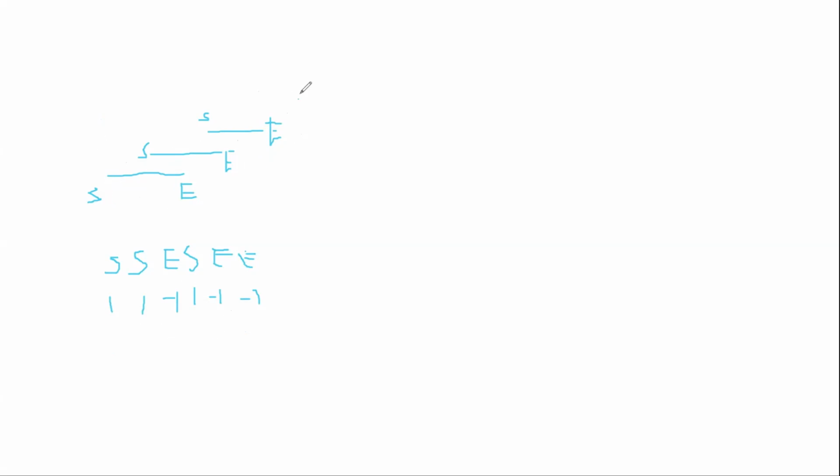So the moment the sum becomes 0, it's one interval. So if there's some other unintersecting interval, something like this, start and end, it will have its start after the end. Okay, so we start from here. Sum is 1, sum is 2, sum is 1 back, sum is 2 now, sum is 1 back, and sum reached 0. So the moment sum reached 0, that means we have reached one interval.